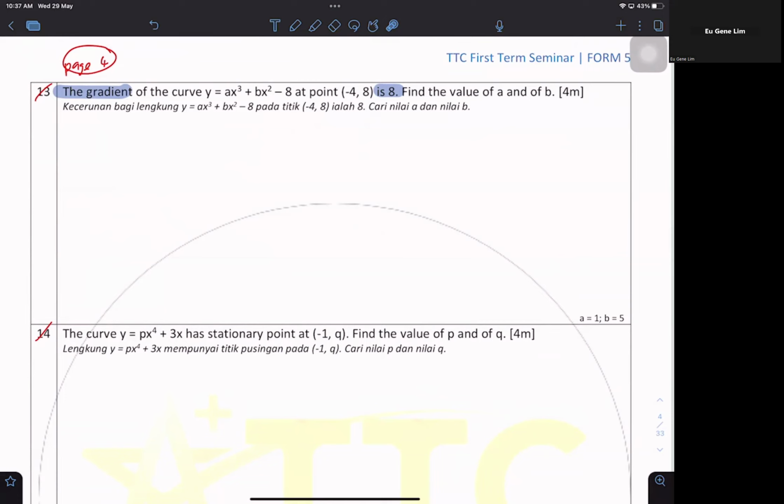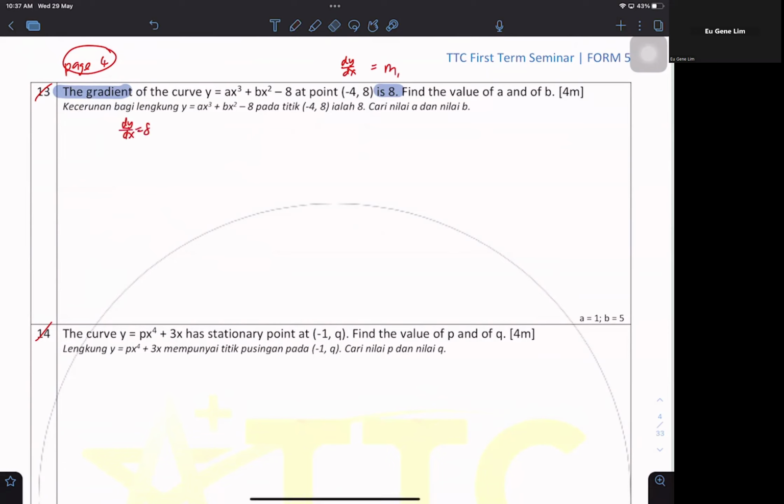But I tell you what, whenever they never say anything, it means tangent. Tangent is M1, which is also dy dx. So dy dx is 8.